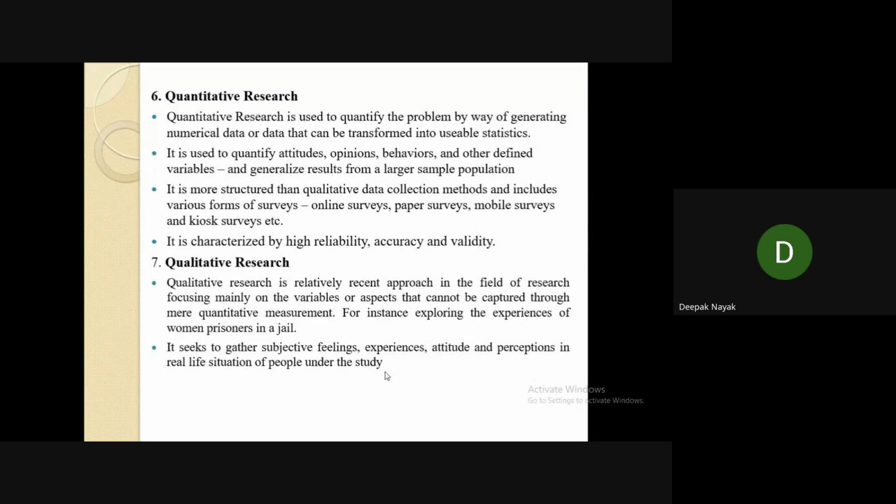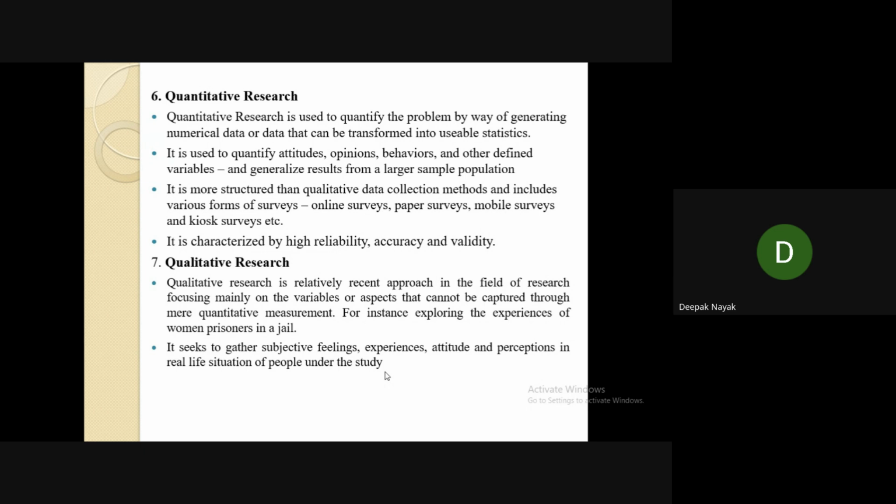Then one of my students asked yesterday about quantitative research and qualitative research. It will be a fitting answer to him. I hope he will get to understand this. Quantitative research and qualitative research can be undertaken for any kind of research we have discussed earlier.